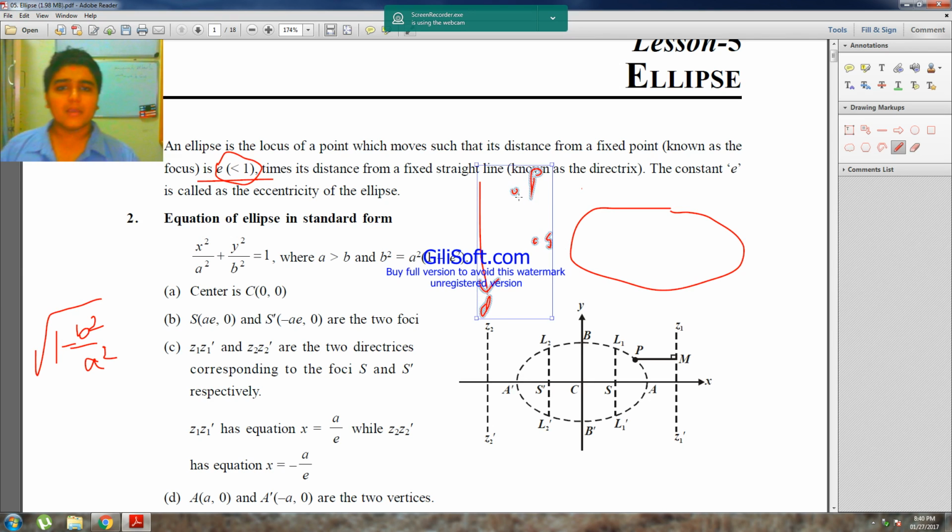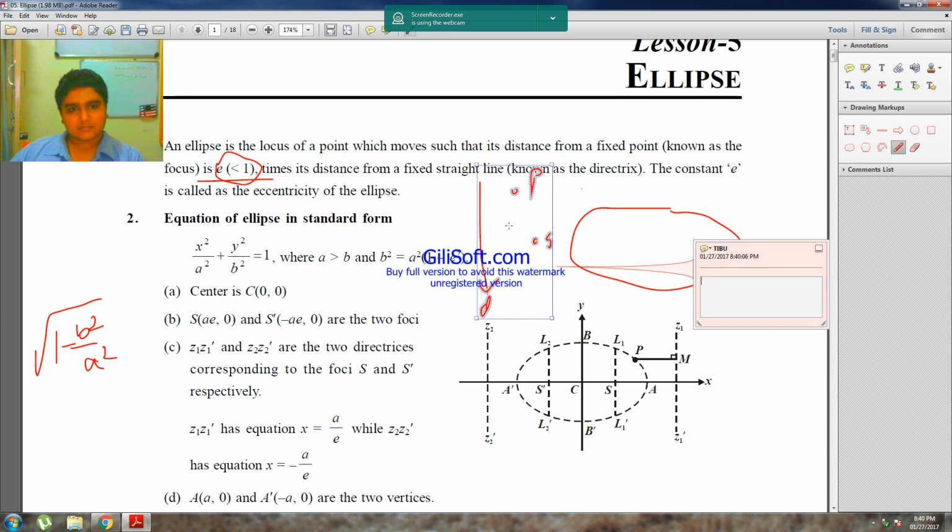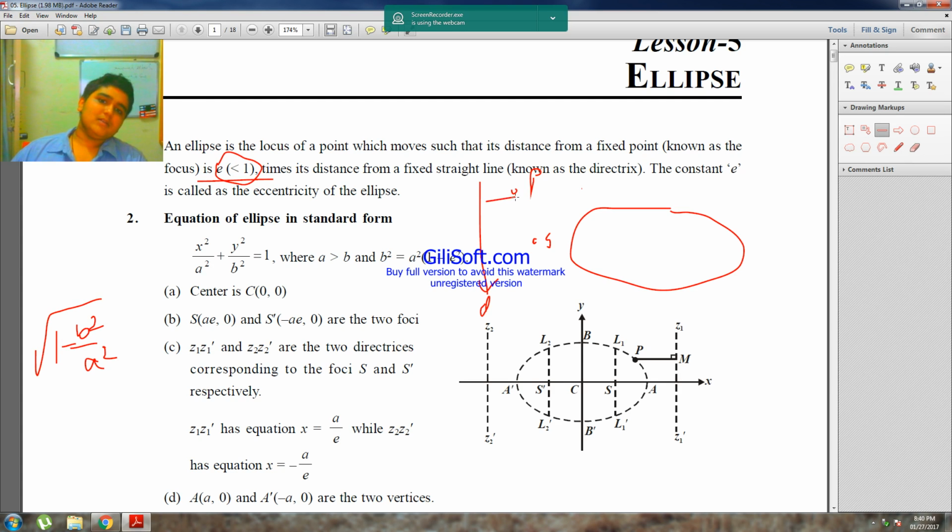If you just take this particular ratio, you can see from my cursor over here, from P to S and from P to line D, that is the perpendicular distance. This distance, the perpendicular distance, you're supposed to draw it in this way.